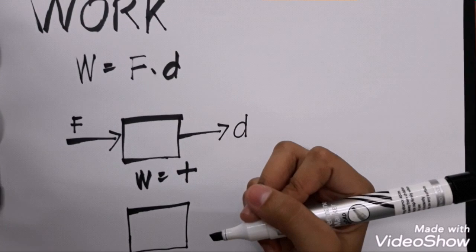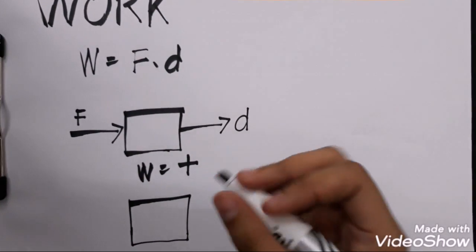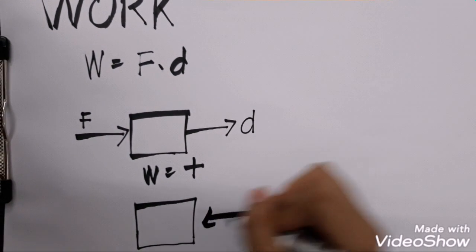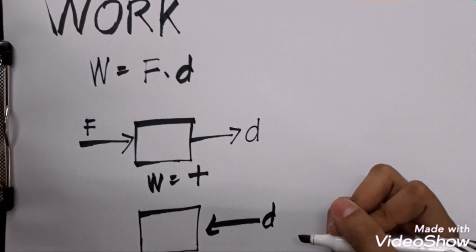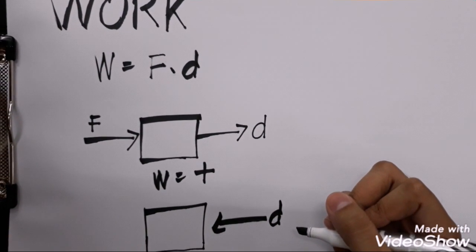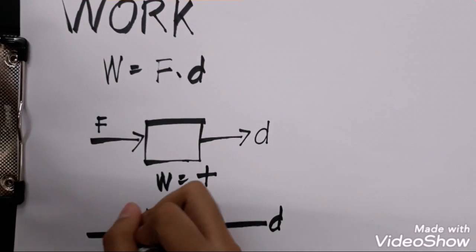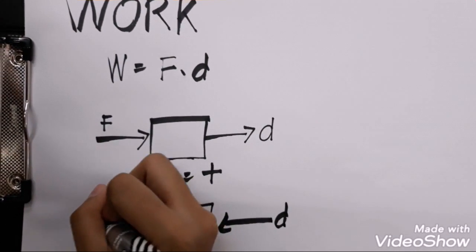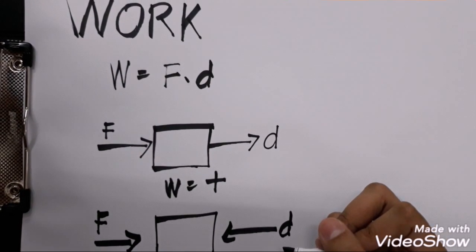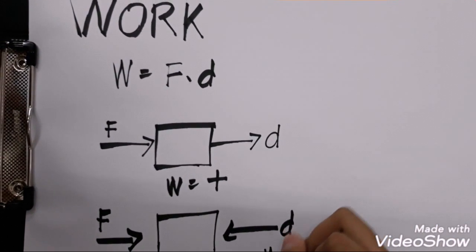And if the displacement is moving towards the left side of the x-axis, and we apply force to the right, then the work would be negative.